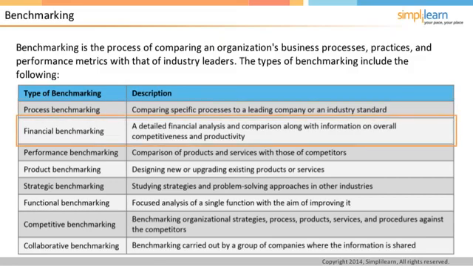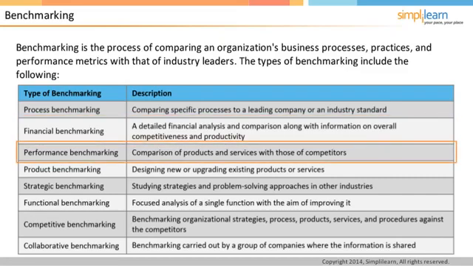Financial benchmarking is performed to assess overall competitiveness and productivity. It is done by running a detailed financial analysis and analyzing the result. Performance benchmarking involves comparison of products and services with those of competitors, with the intention of evaluating the organization's competitiveness.